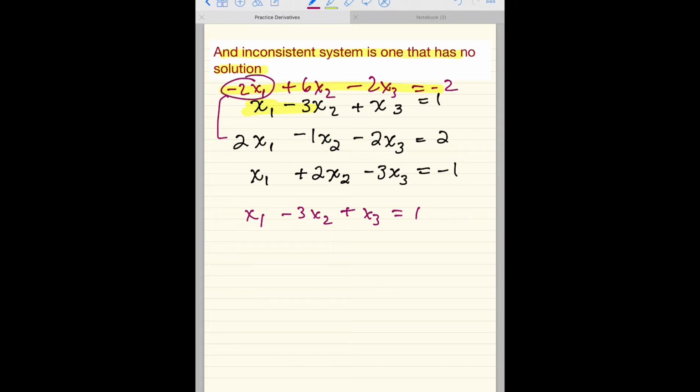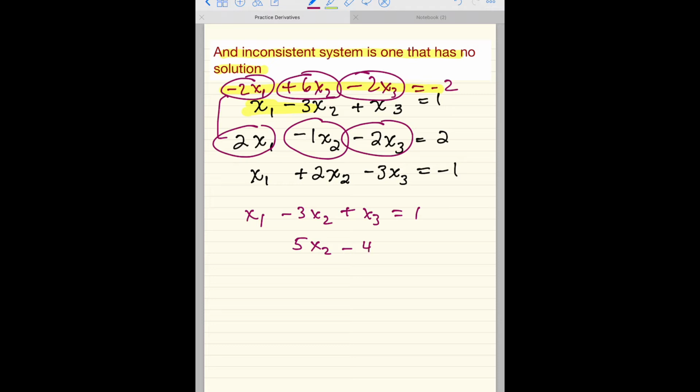And then -2 plus this is 0. 6 and -1 is 5. -2 and -2 is -4. And -2 and 2 makes 0, okay? Leave the second one, and now leave this one here. So I'm going to write x1 plus 2x2 minus 3x3 equals -1.